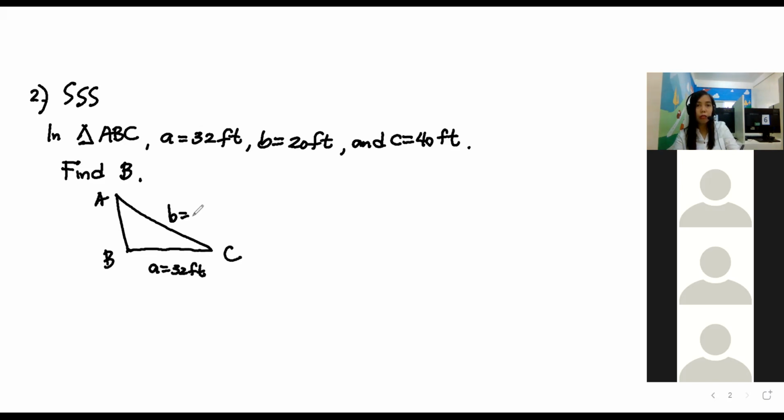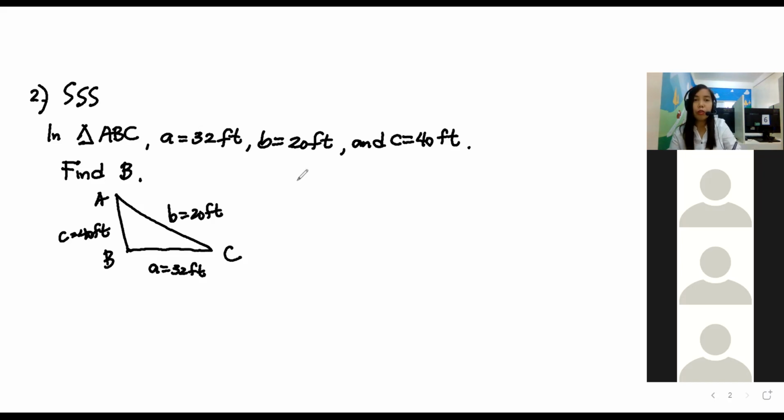B is 20 feet. And C is 40 feet. This is SSS. Okay, we have the given or 3 sides of the given triangle. We're asked to find B.